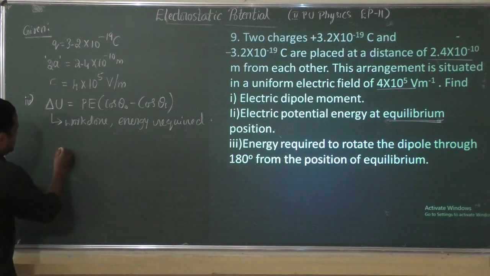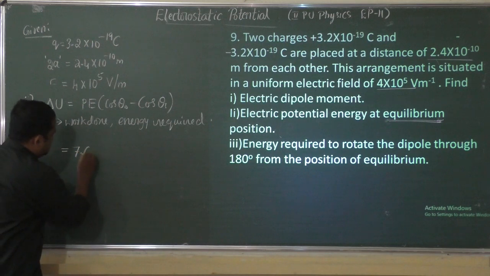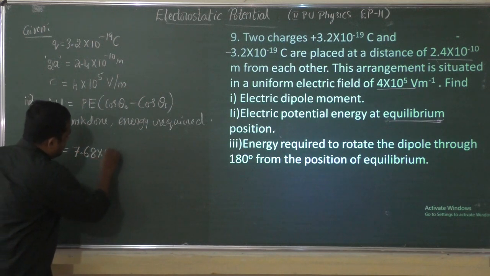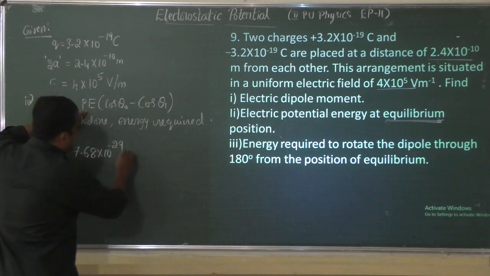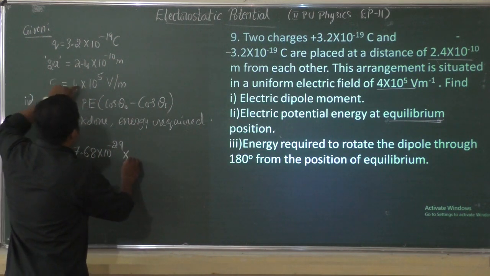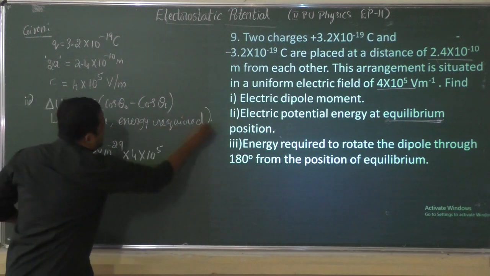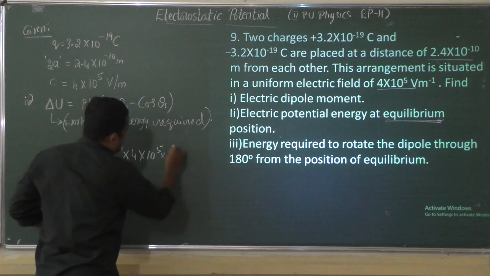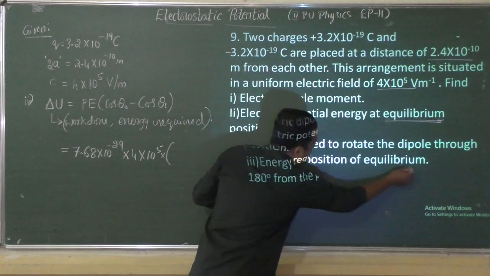So the energy required in this case is equal to P, which we just calculated, that is 7.68 into 10 power minus 29, the dipole moment, into the strength of the electric field, 4 into 10 power 5, into cos, from which position? From the position of equilibrium.